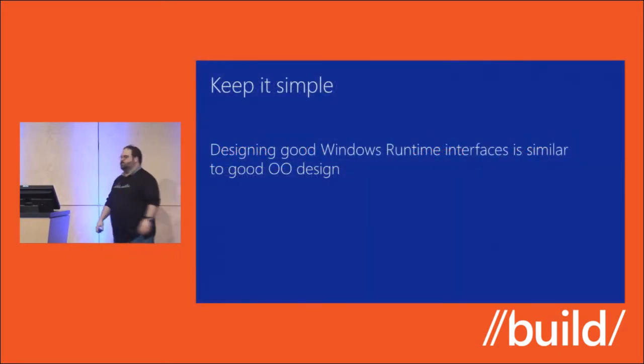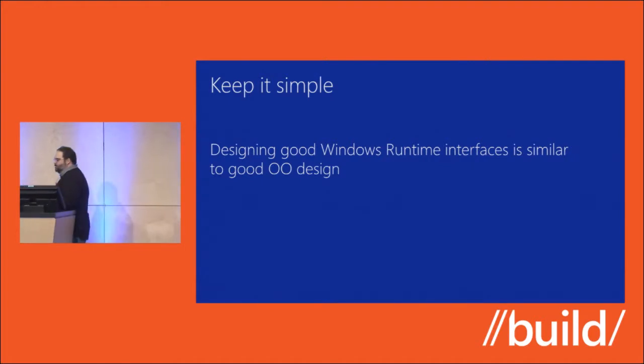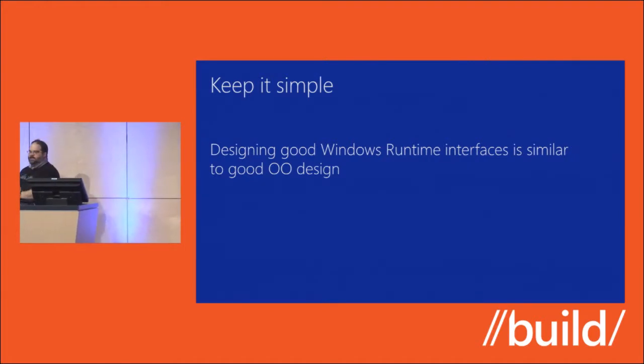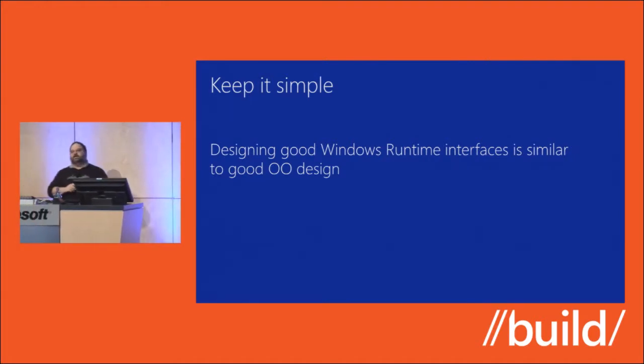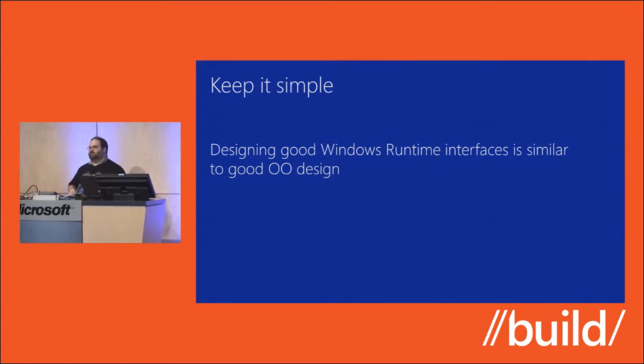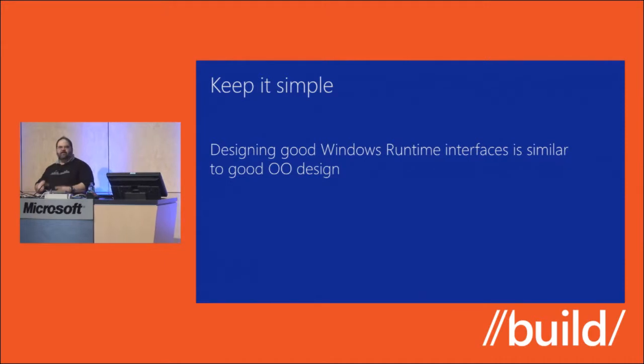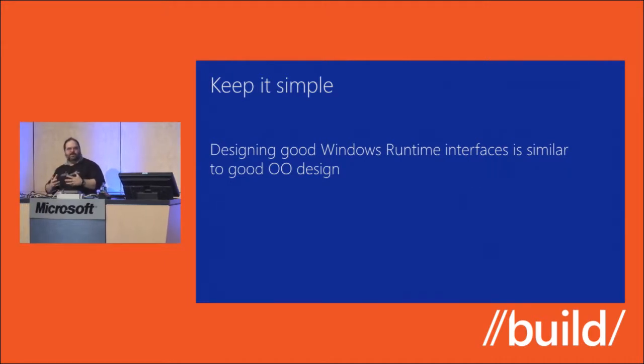Designing good Windows Runtime interfaces is very similar to good object-oriented design. WinRT interfaces are not really the kinds of things where we would tell you every object in your program should be a WinRT object. Don't do that. You won't be happy with the performance. You use WinRT on the component boundaries.